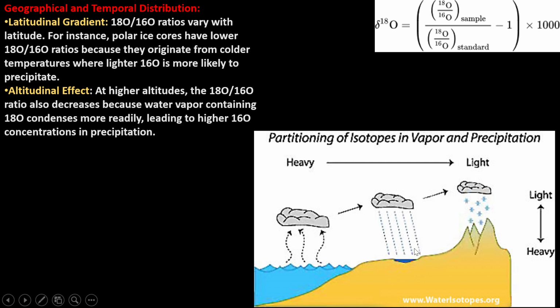If there is a low latitude area, for example 0 to 30 degrees at the equator, mostly the O18 will increase, which means the sigma O18 ratio will increase in low latitude, and in high latitude the sigma 18O concentration will be low because the O16 will be high. The altitude effect also tells us that the higher the altitude, the more the O16 will increase and sigma 18O will decrease.